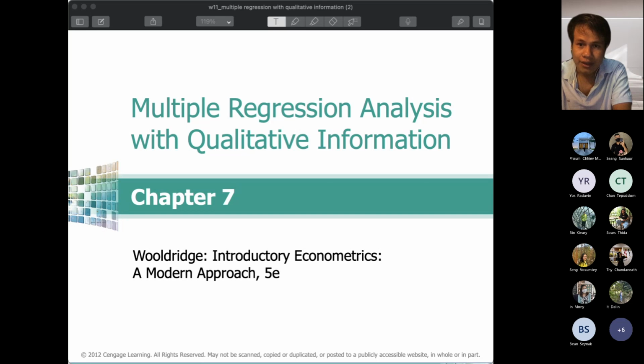So what you found for your sample, the coefficient from that sample, is only from one sample. What if you use data from a different sample? Will you get the same coefficient? The answer is no. What you want to know the most is whether this coefficient can represent the population.